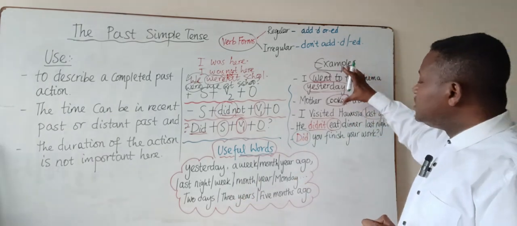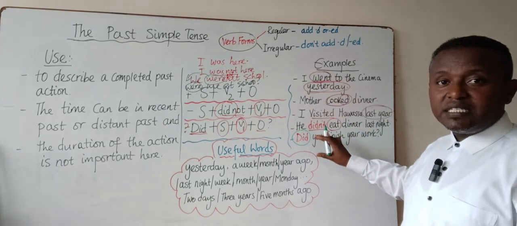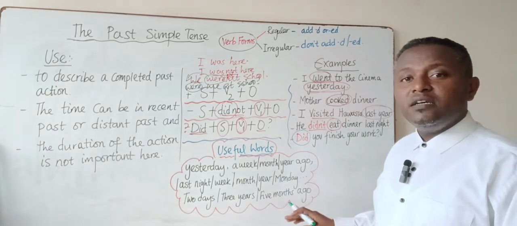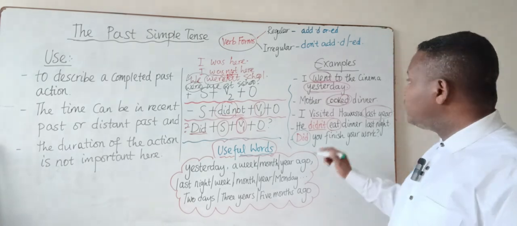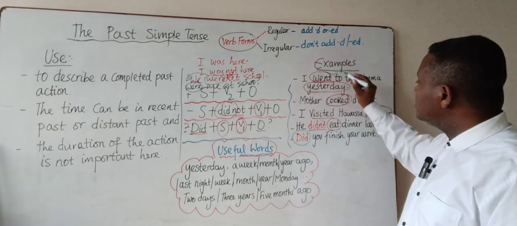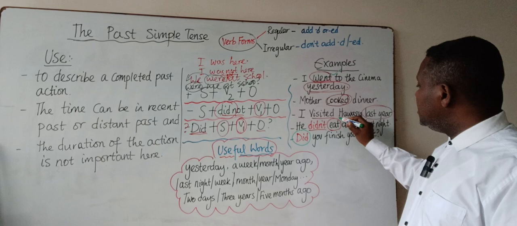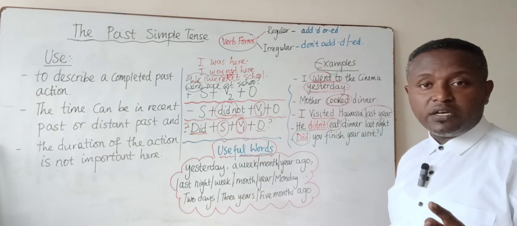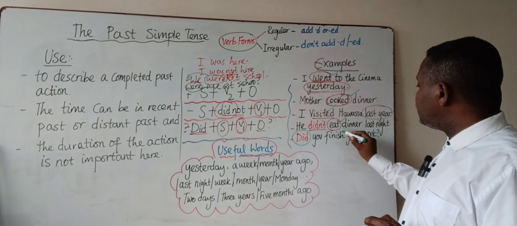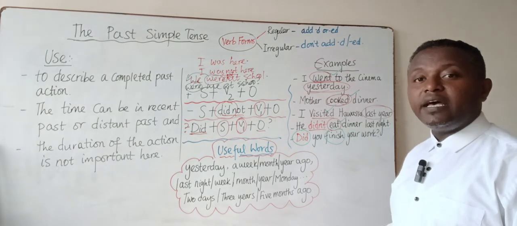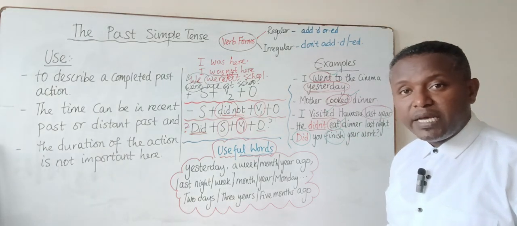One thing that we have learned from these examples is that there are two different types of verb forms. For example, went and eat are one category, and cooked, visited, finish are another category. What do we mean by that?